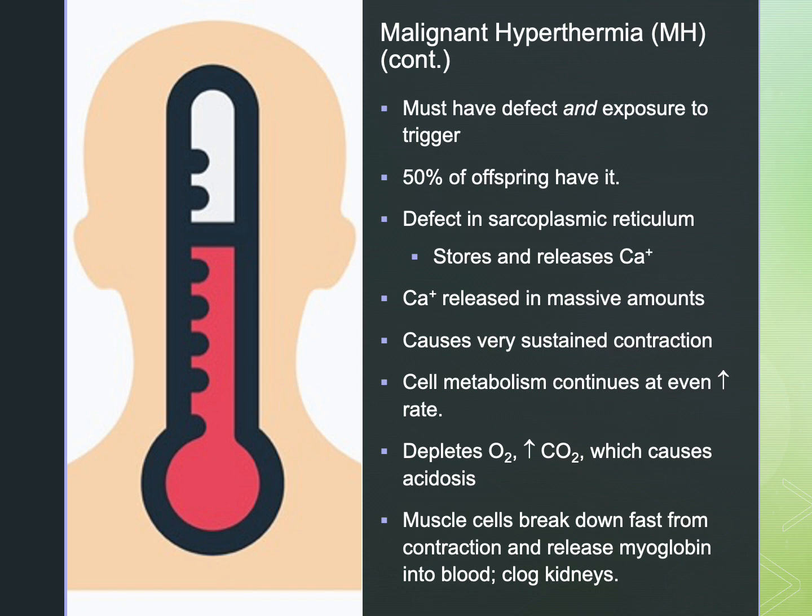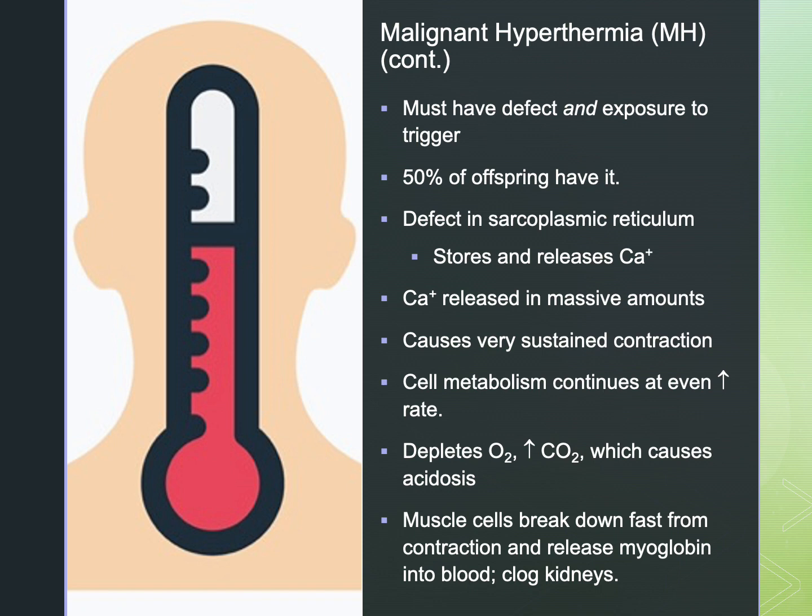MH is estimated to occur in 1 in 15,000 children and 1 in 50,000 adults. More than 50% of the cases, interestingly, are observed in patients younger than 15 years of age. For the disease to occur, both the trigger and the inherited susceptibility have to be present.